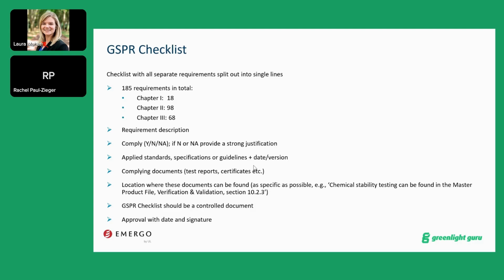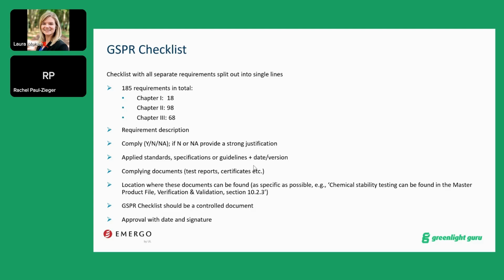And this is very important. The GSPR checklist should be a controlled document. So it should be integrated into your quality management system. There should be an approval with a date and a signature.